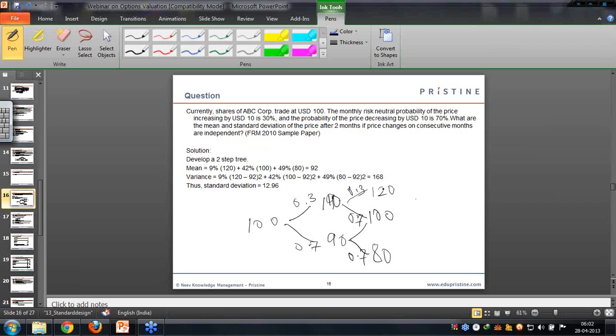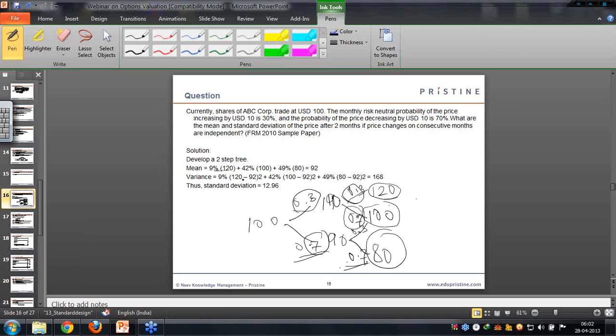So basically we have final payoffs as 120 with a probability of 0.3 times 0.3, which will be 9%, 100 with 0.3 times 0.7 plus 0.7 times 0.3, which will be 42%, and we have 80 with a probability of 0.7 times 0.7, which will be 49%.